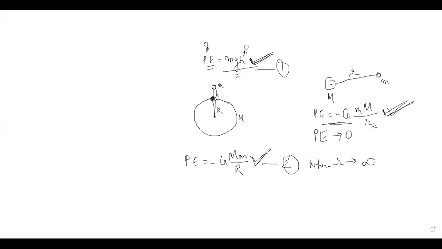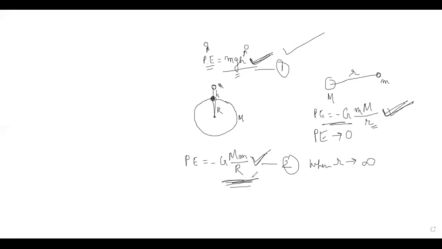We can fix any constant value as the zero reference. From the second equation, the potential energy on the surface of the earth is a constant value, minus G capital M small m by capital R. And in equation number 1, we have taken the zero reference of the potential energy to be this value.